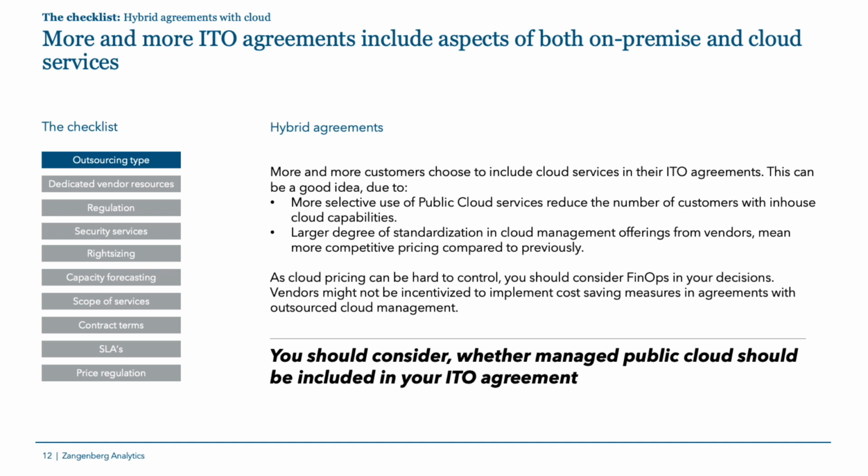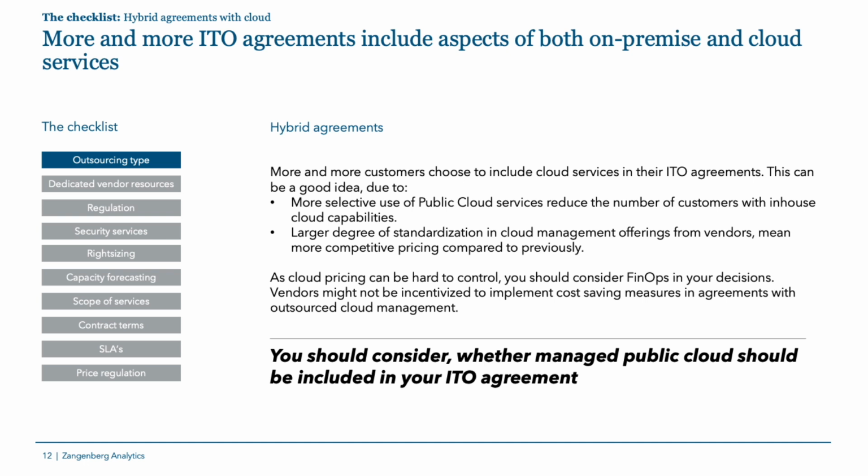Yeah, so first things, as you can see, the checklist is on the left here, and it's a checklist of 10 points. And the first point here is the outsourcing type. You should think about whether you are going to include cloud or on-premise services in your agreement.